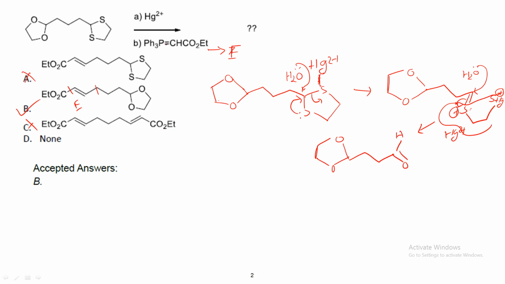Now this is our Wittig. We will do the normal Wittig chemistry now. This is the reactive form of this type of phosphorus halide. Now this attack followed by this attack.